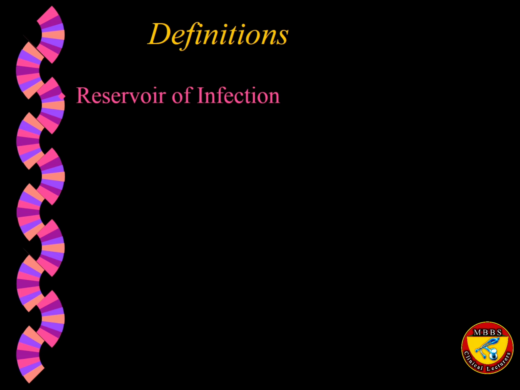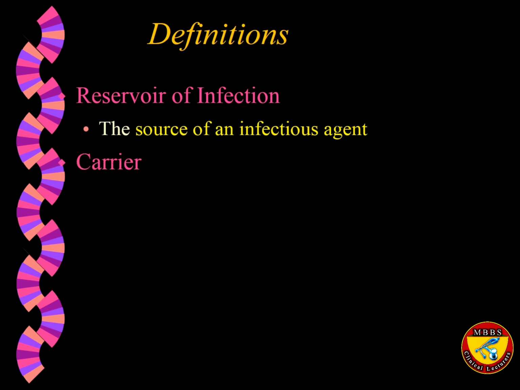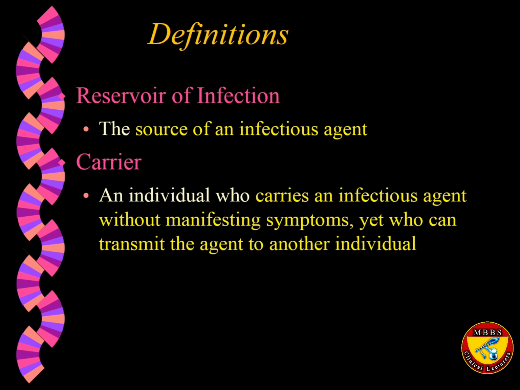What is a reservoir of infection? This term should be clear to you because in infectious disease, certain animals and certain hosts have to serve as reservoirs. A reservoir is a source of infectious agent which serves as a potential source of spread. And a carrier is an individual who carries an infectious agent without manifesting symptoms and yet can transmit the agent to another individual.